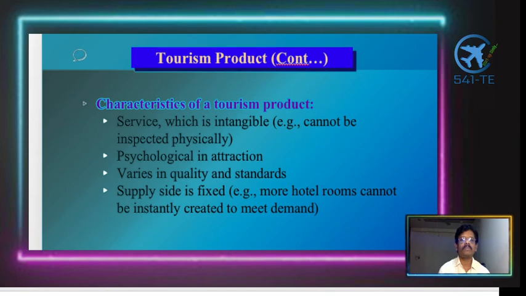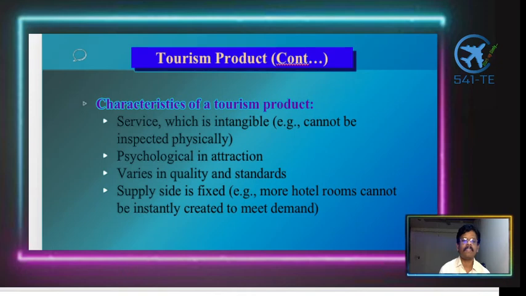When you look at tourism product characteristics, it is a service which is intangible, right? It can't be inspected physically. You can't see it; you have to feel the service that is there in the tourism product. And it is psychological in attraction. It varies in quality and standards from consumer to consumer.